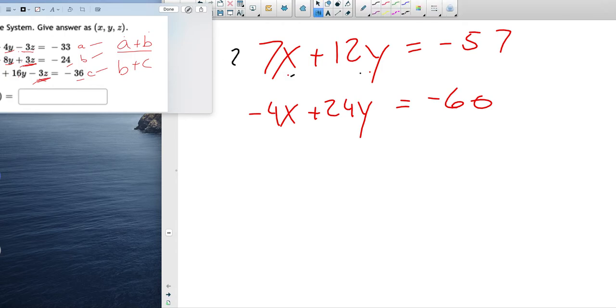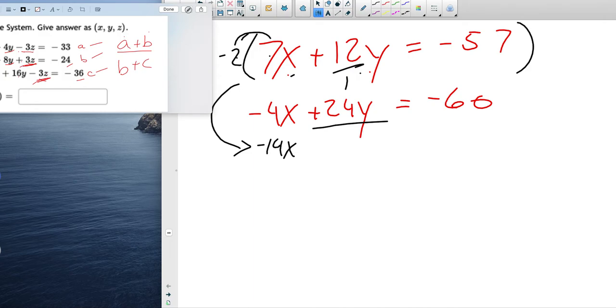If I multiply this equation by negative 2, the 12y turns to negative 24y, and I can add it to this one here, and it'll eliminate. I'm going to write it down here so it shows up nice and neat. Negative 2 times 7 is negative 14. Negative 2 times 12y is negative 24y.